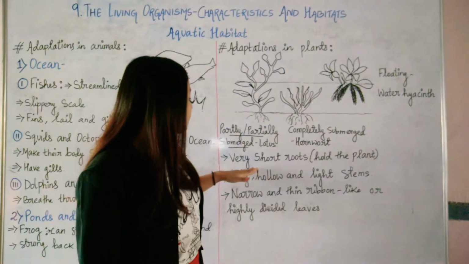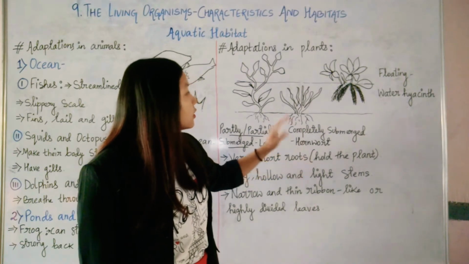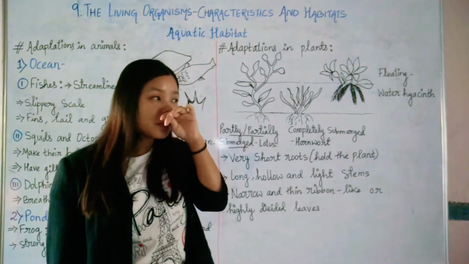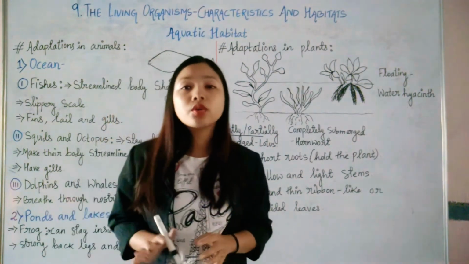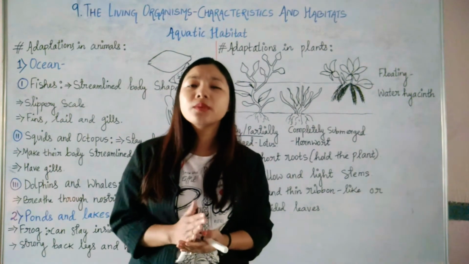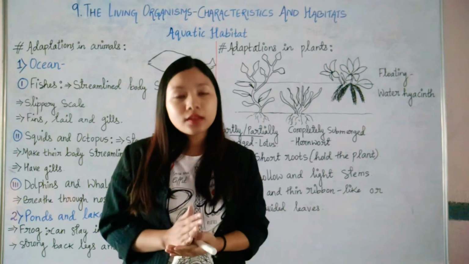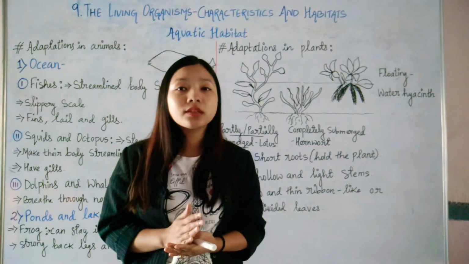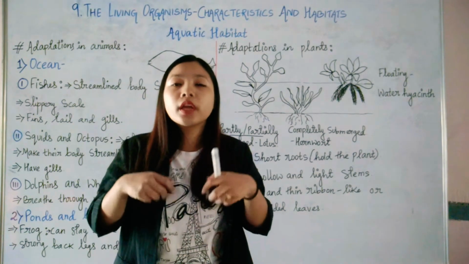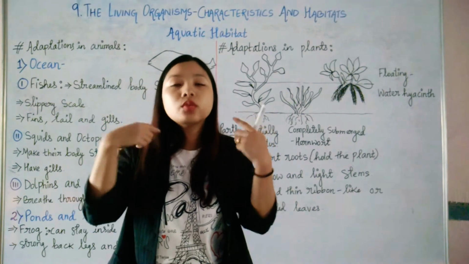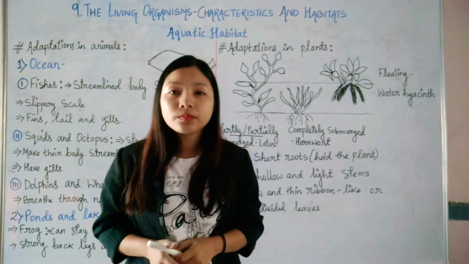Now let's see what the adaptations are which can be seen in these three types of plants. Very short roots. You will observe that water plants have very short roots. What is the main function of the roots? The root absorbs the water and minerals from the soil to provide them to the other parts of the plant.